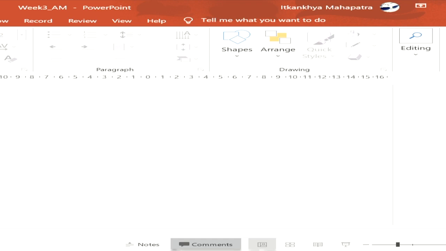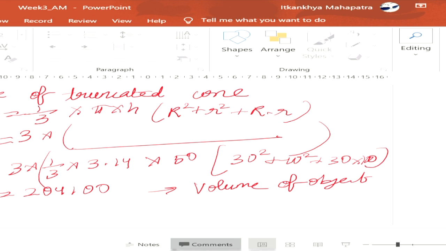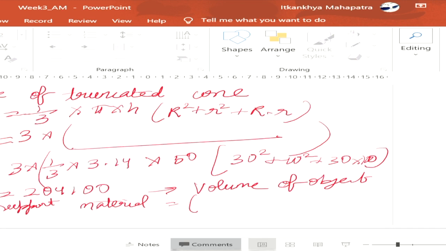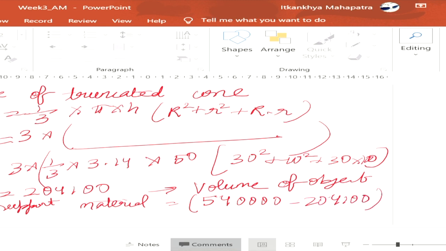Now volume of support material will be, continuing this itself, volume of support material is equal to 540,000 minus, earlier we got here, minus 204,100.